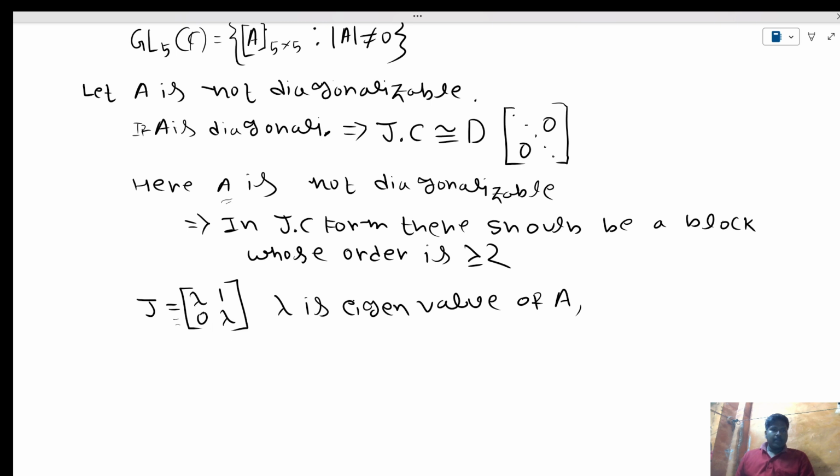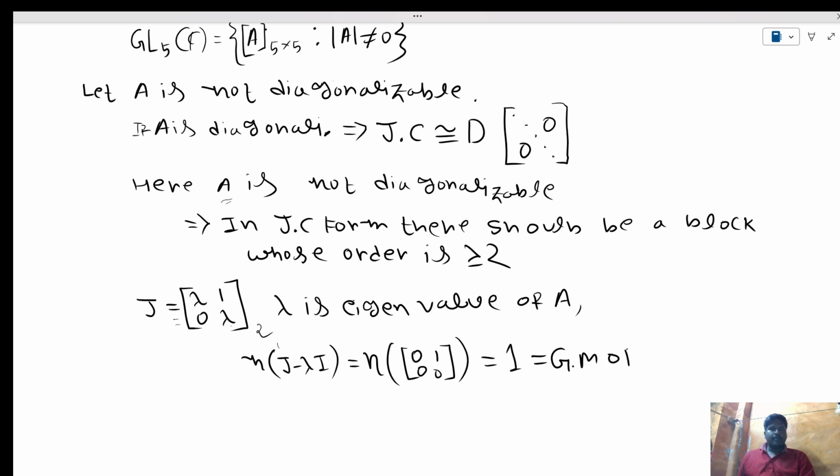Okay, and here we see that in this block, lambda is an eigenvalue. So lambda का algebraic multiplicity है 2, and when we try to find the nullity of J minus lambda I, which means the nullity of the matrix [0 1; 0 0], this gives 1, which is the geometric multiplicity of lambda.